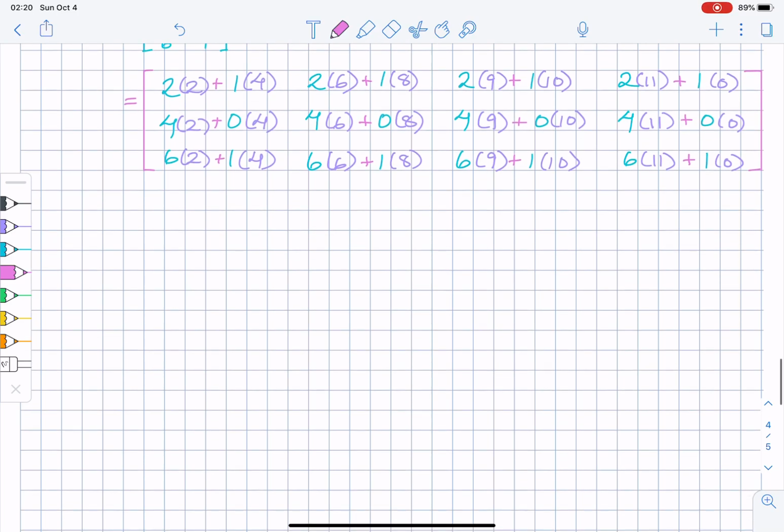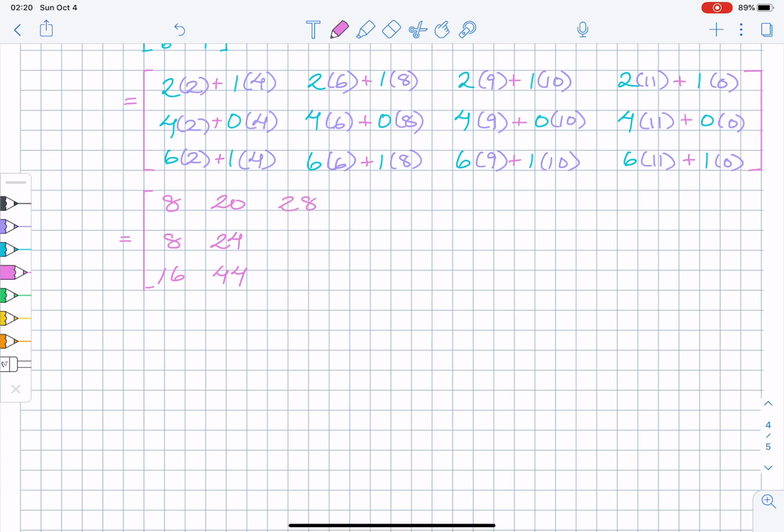Okay, so what do we have when all is said and done? The entry in the first row and first column is 4 plus 4 is 8. 8 plus 0 is 8. 12 plus 4 is 16. So the next column we have 8 plus 12 is 20. 6 times 4 is 24. 36 and 8 is 44. 2 times 9 is 18, so that's 28 plus 10.